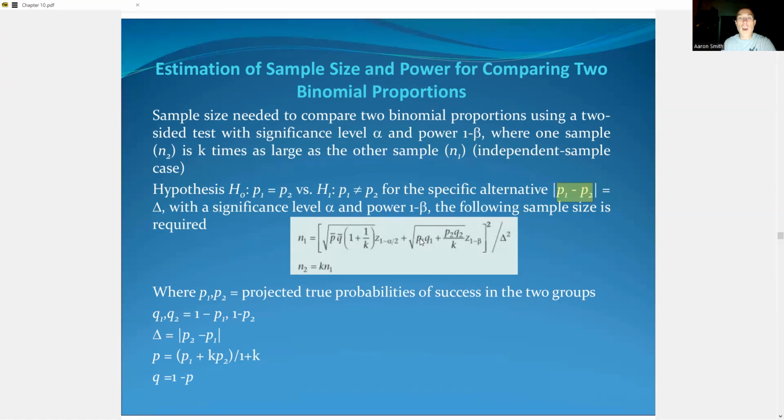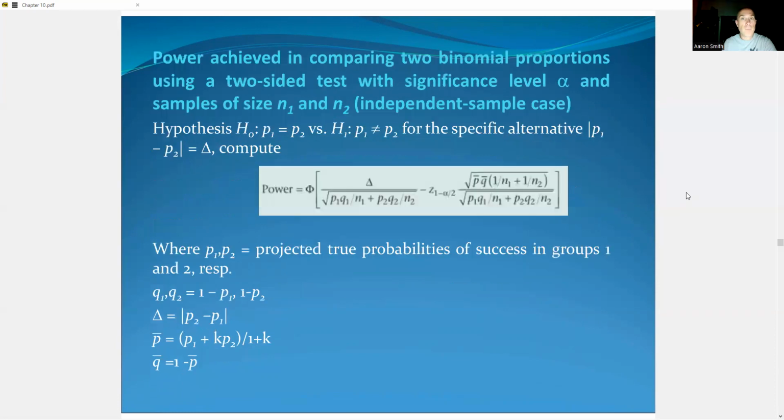P1 and P2 are the hypothesized values. Here is what it's going to be for the actual value. And we're going to try and figure out the alpha and beta levels for these. And this will be the power of our test.